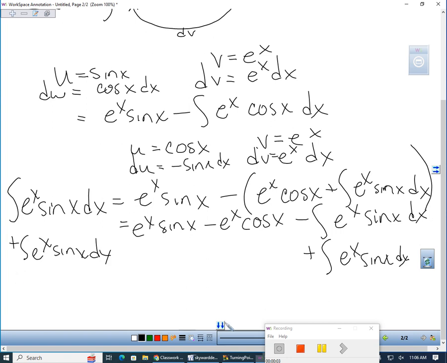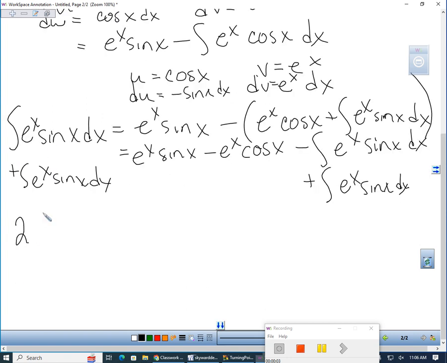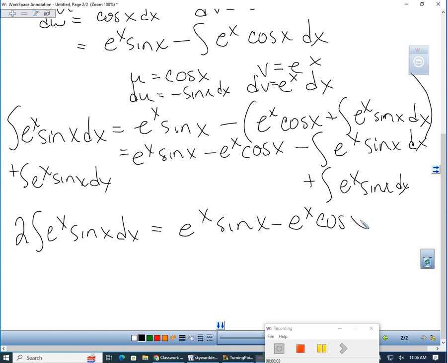So what I have right now is two of these, right? Two integrals of e to the x sine x dx equals e to the x sine x minus e to the x cosine x. Because I added that same integral, they're both identical, added them together. Now, if I want to solve for it, the only thing I have to do is divide by that coefficient on my integral.